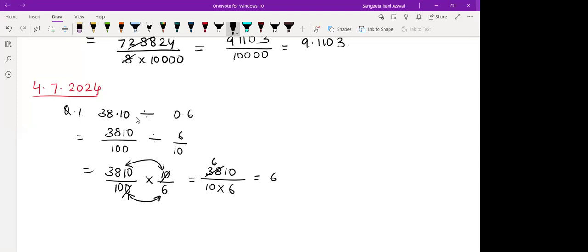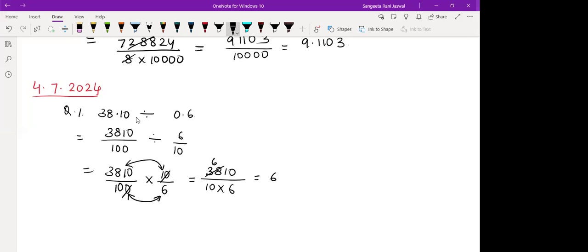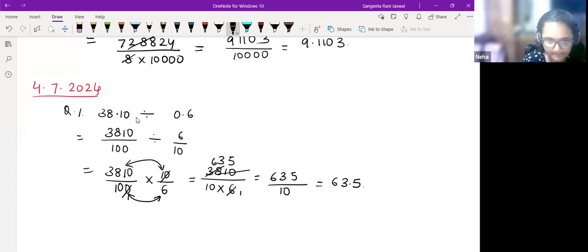Now there is only 1 left here, so it's the same number, 10 into 6. So 6 6s are 36, 2 is left, 21, 6 3s will give you 18, and 6 5s are 30. So this is 635 upon 10. This 6 is also cancelled. So now this can be written in decimal form like this. Okay, got it? Yes, ma'am.